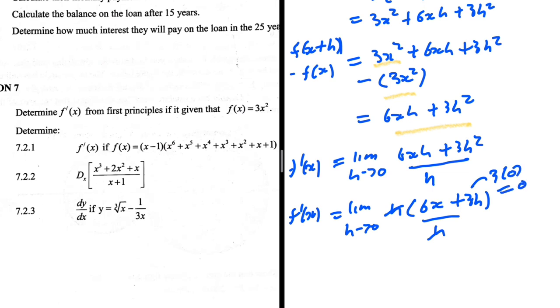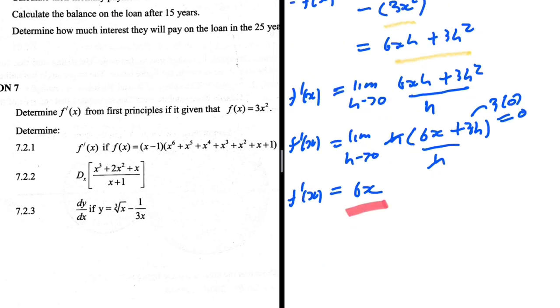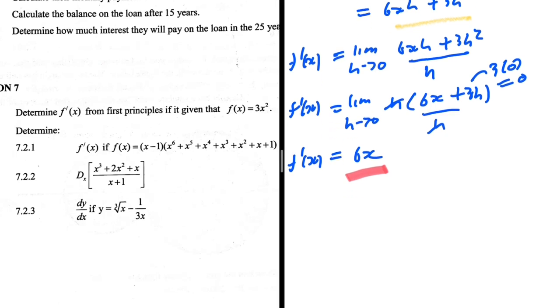Well, this is equals to 0. So f prime of x is equals to 6x. There we go. This is the same answer we would get using the power rule: 3 multiplied by 2, and then you subtract 1 from 2. So we are quite confident what we did is correct. That is 7.1.